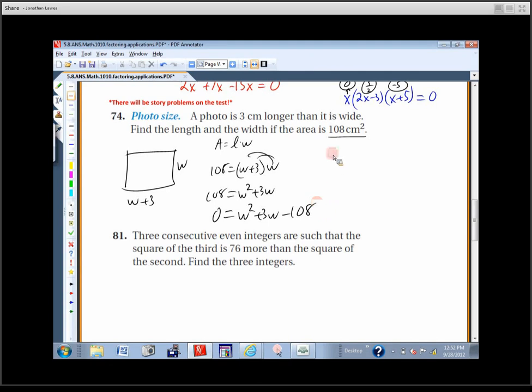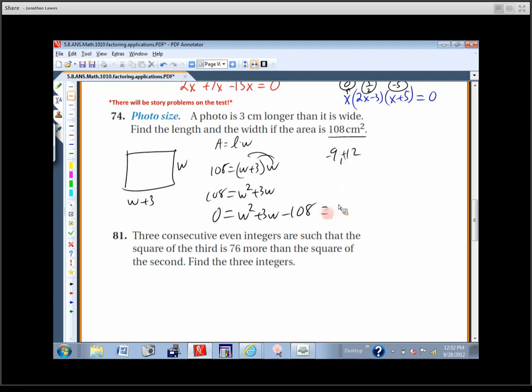So 108. 2 goes in there 54 times. That's certainly not going to make a 3. Yeah. 9 and 12. Okay, so somebody's been working ahead, 9 and 12. Or he's just really smart, right? Need to multiply to be a negative and combine to be a positive. So, negative and positive, right?